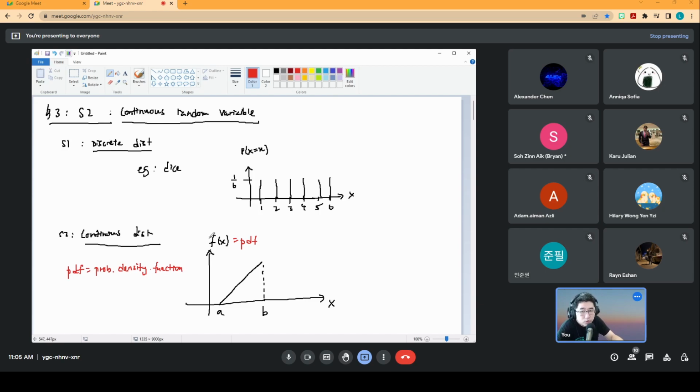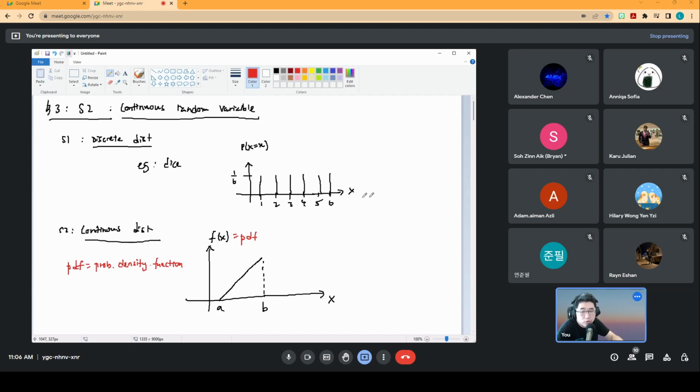So the characteristics of continuous distribution: of course, your x must be a continuous variable, such as weight or length. Then the total area under the graph has to equal 1.